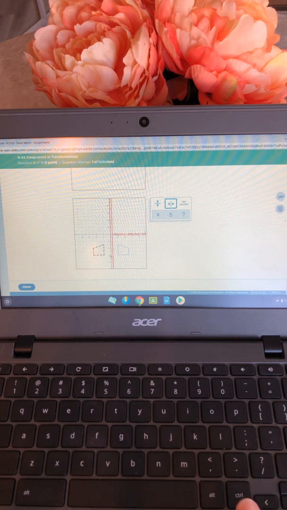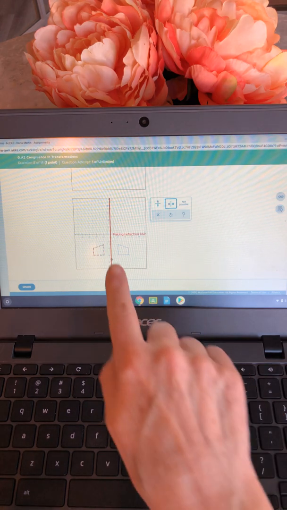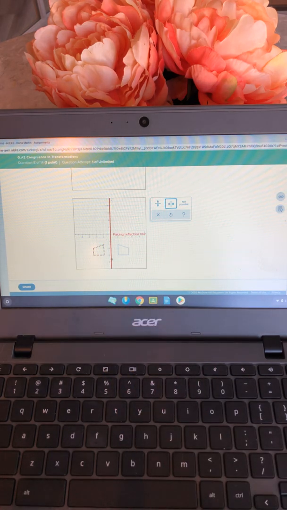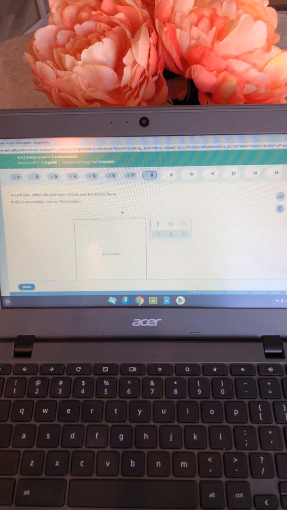I hate that, but we don't have to on any of these. That's what's nice. This one is already off of the y-axis, so I can just drop it, and you can see nothing is poking out, nothing is overlapping. This was a good reflection right off of the y-axis. Alrighty, moving on to number 9.